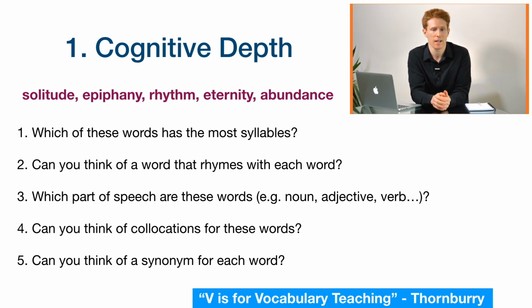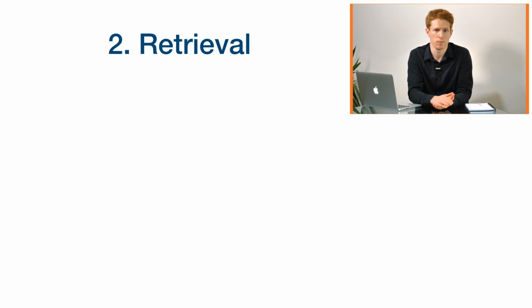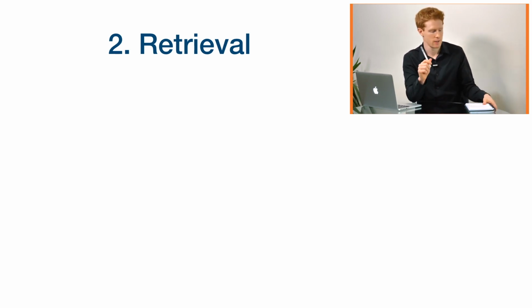And again, I'll put a link in the description below. But we're going to move on to step 2 of the process, and that is retrieval, or remembering. So what you would do is take your pen or pencil and a piece of paper and just write down, without looking, the words that you're trying to learn.